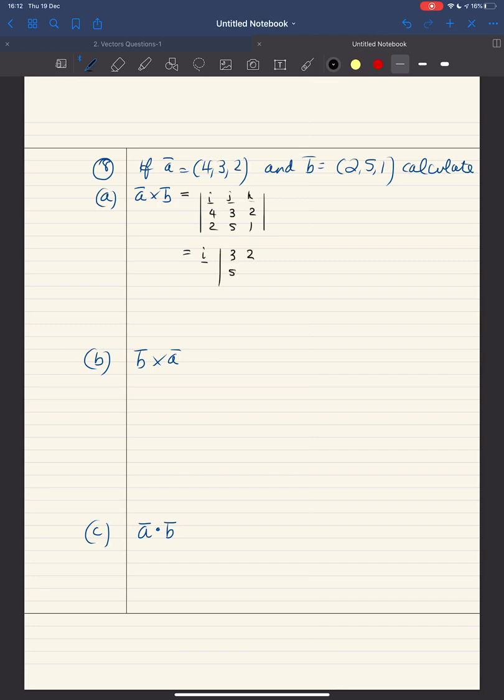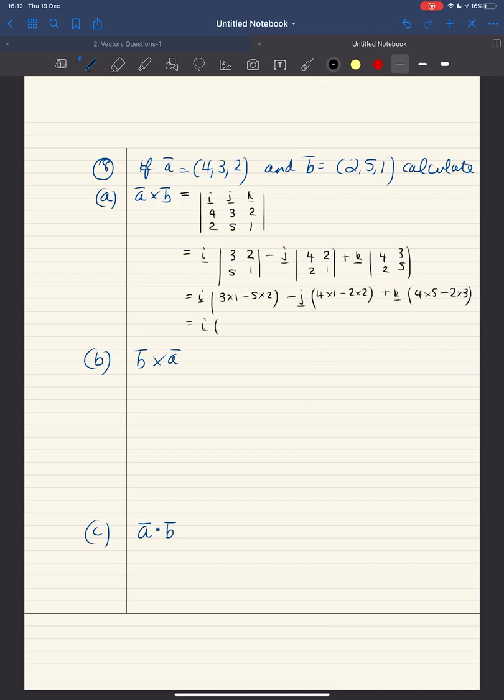i, 3 5, 2 1, minus j, 4 2, 2 1, plus k, 4 3, 2 5. So i, 3 times 1 minus 5 times 2, minus j, 4 times 1 minus 2 times 2, plus k, 4 times 5 minus 2 times 3.